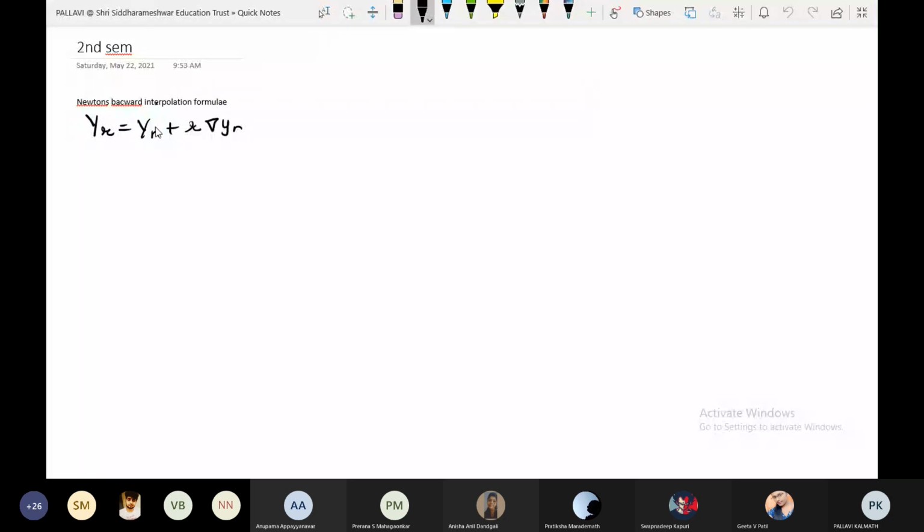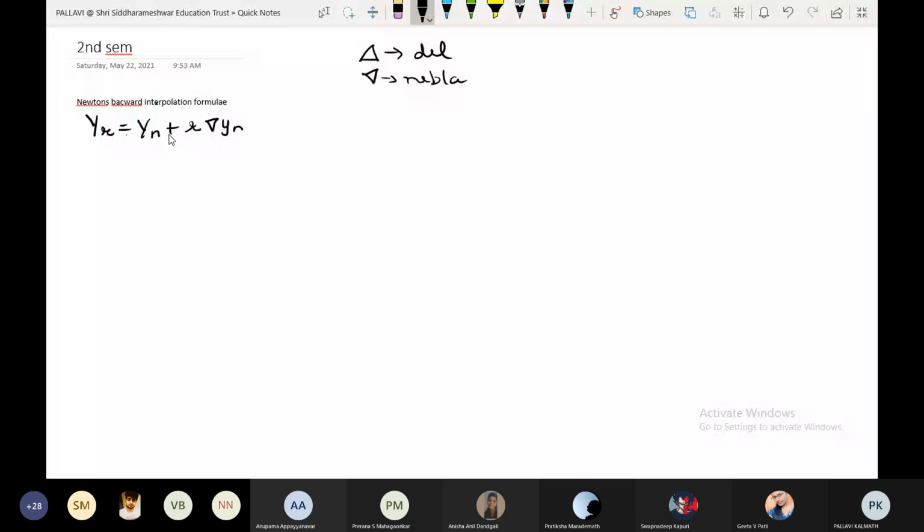yr equals yn plus r into del yn. Yesterday's symbol for del was like this, right? This is del, and today's symbol we are writing like this. This is also usually called del only, but commonly it is said as del.